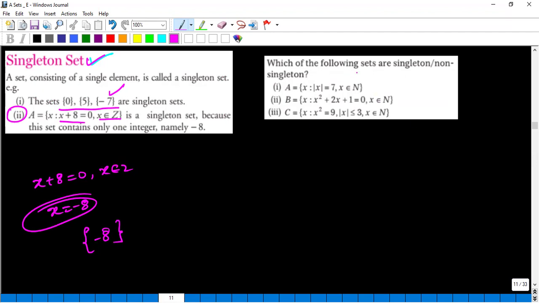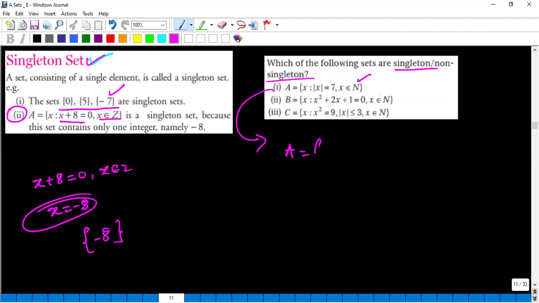Okay. Which of the following sets are singleton or non-singleton? Let us see. A equals x such that modulus x equals 7, where x belongs to N. Is it singleton? Yes, let us see.